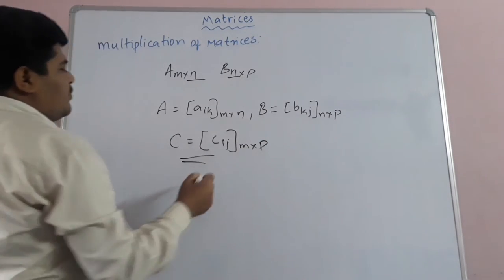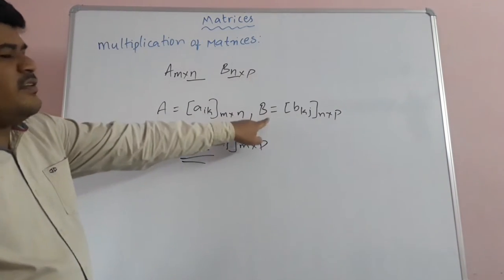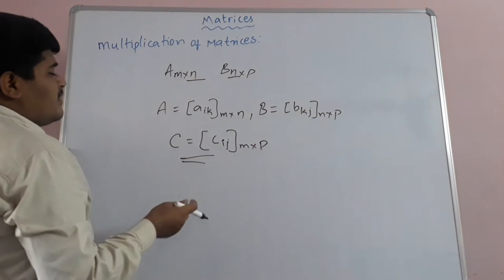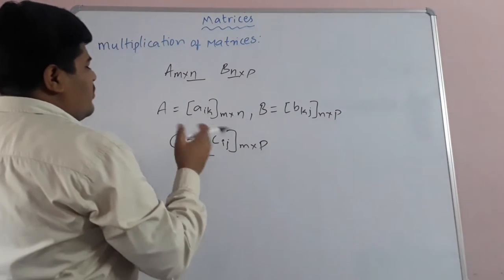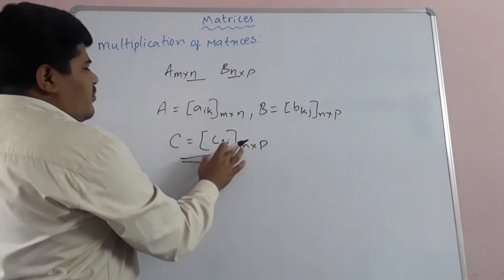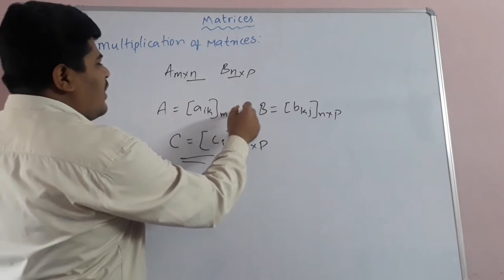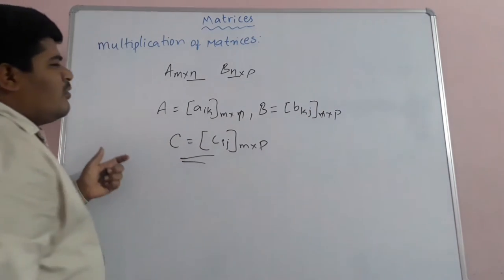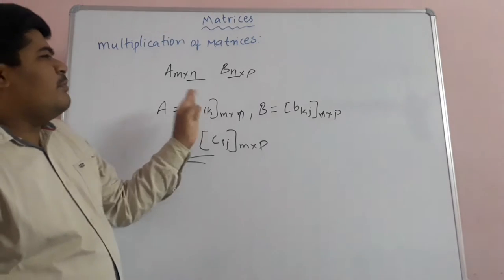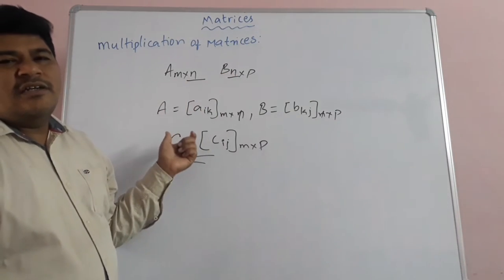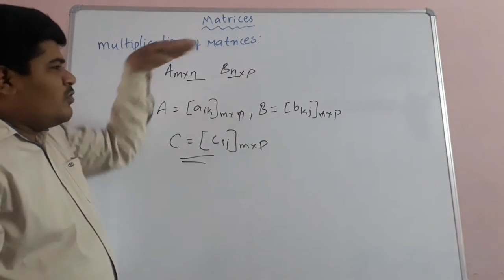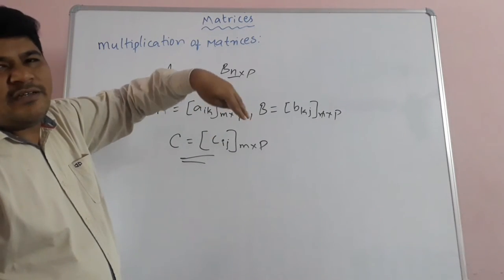This matrix is said to be the product of these two matrices, where k runs from 1 to n. So here the number of columns and the number of rows should be equal. Accordingly we will multiply the two matrices, children. Rows and columns will multiply.